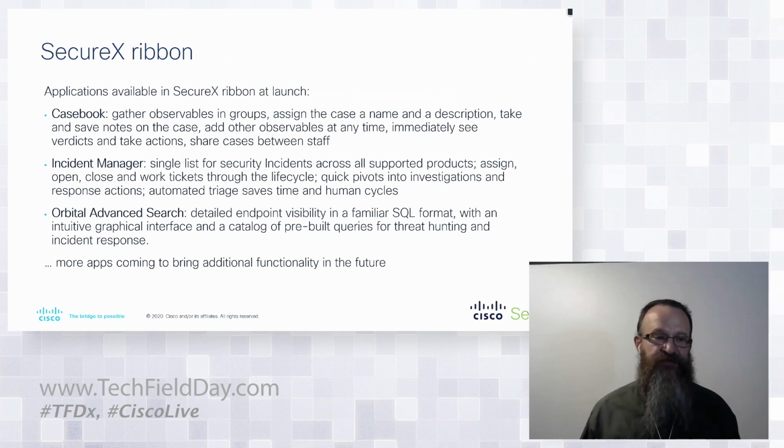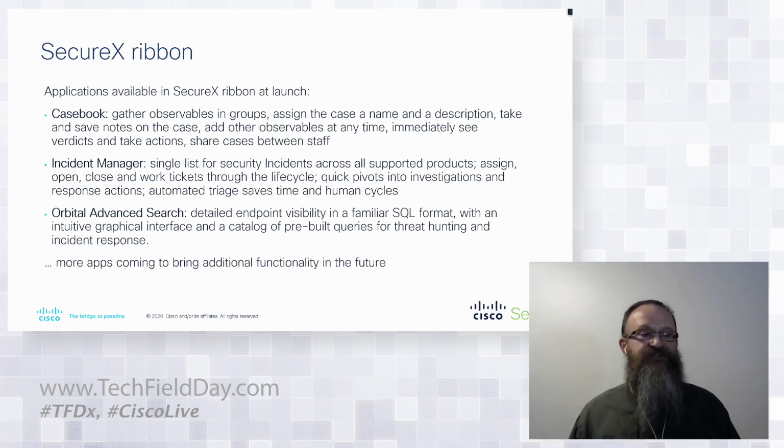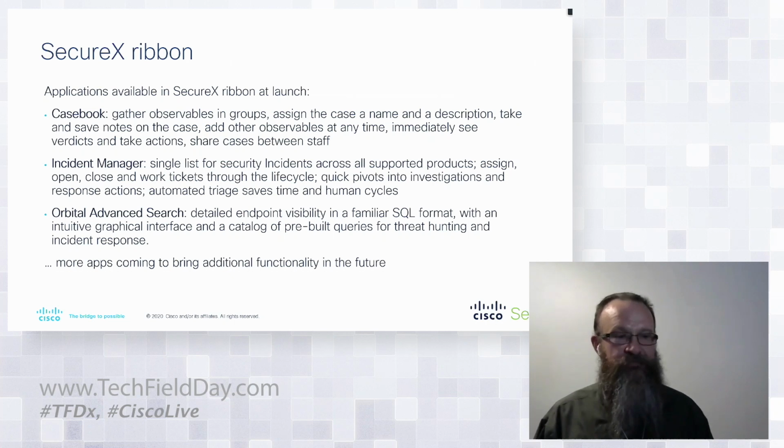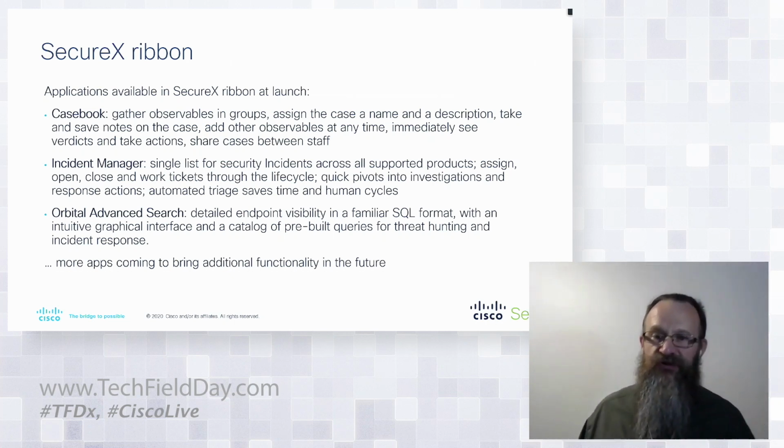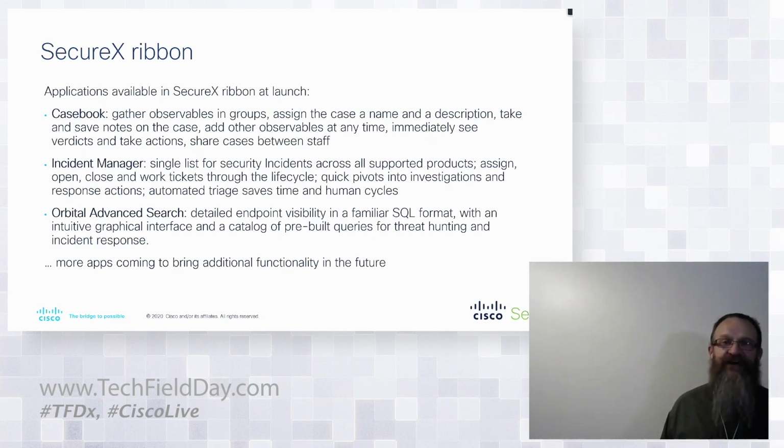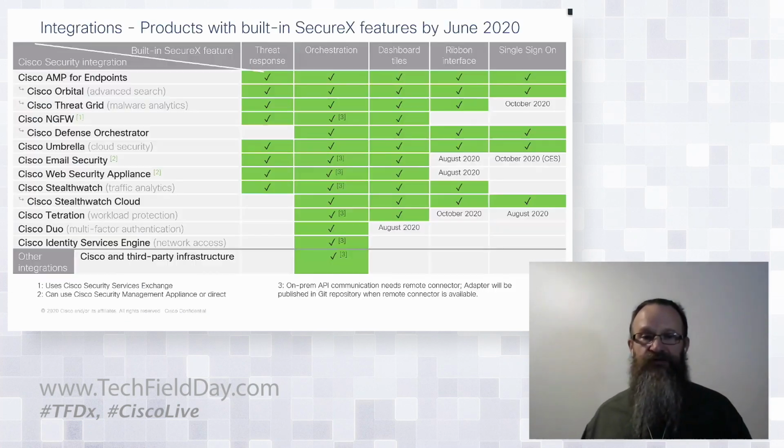Show me all the file hashes of all the processes that currently have network connections open on all 10,000 of my endpoints around the world. You'll be able to do that kind of thing through AMP, but you'll also be able to do it from Threat Grid or from StealthWatch or anything else that has the ribbon. So that's what a ribbon hosted app really means. It means that this is something you can access from anywhere in Cisco security space. This is something that you can access from any SecureX capable tool.